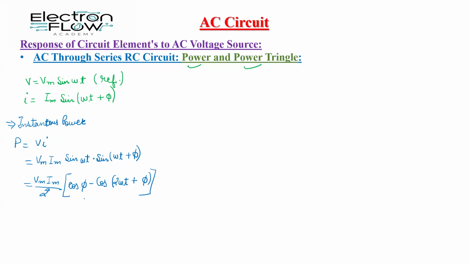Okay, so if I talk about the average power, the formula of the average power is 1 upon the periodicity, which is 2 pi, times the integration from 0 to 2 pi of P d omega t. Here we need to calculate the average power.